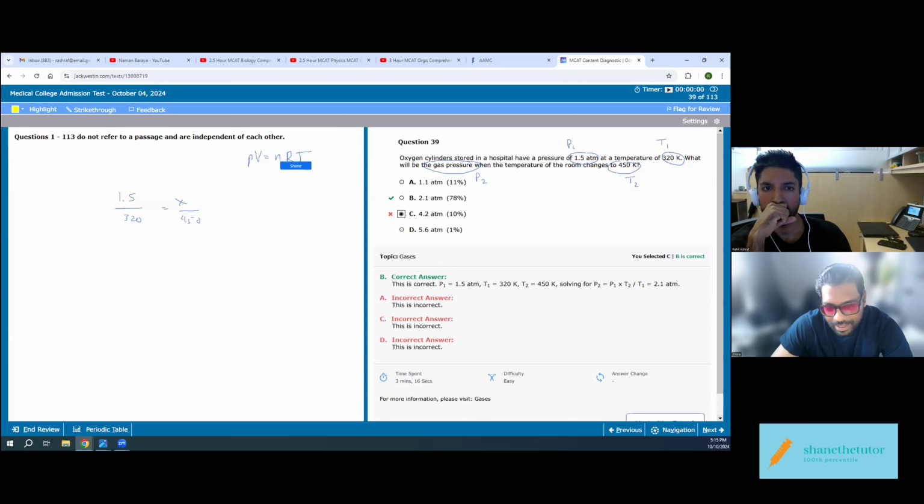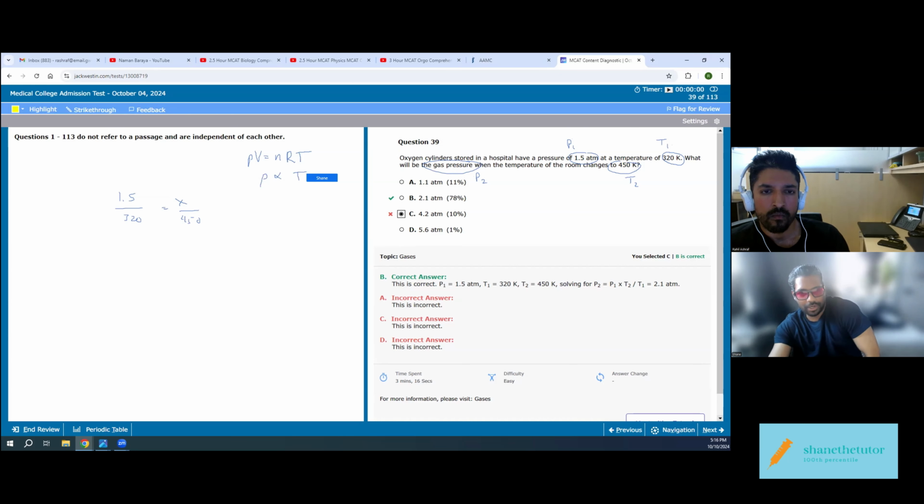The n doesn't change, the volume doesn't change, and R, the ideal gas law constant, obviously doesn't change. So we can really just write that pressure is proportional to temperature.